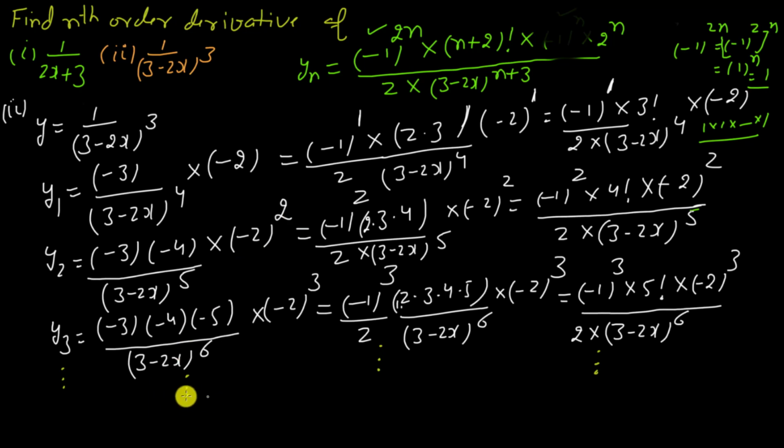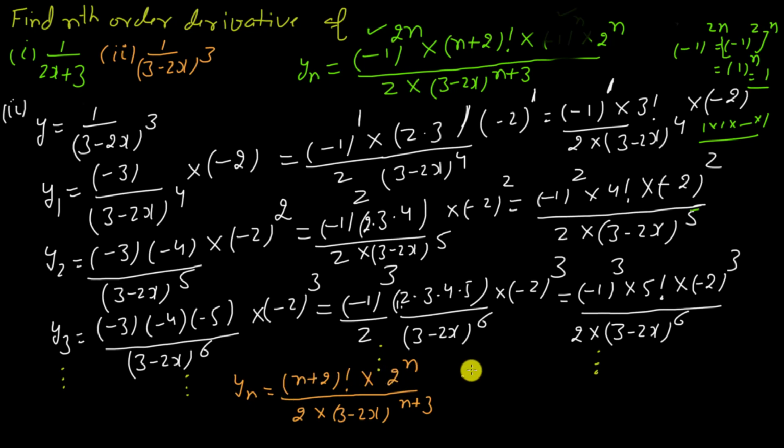So I am going to write the final result over here. What will be the final result? Yn will be (n plus 2) factorial into 2 raised to the power n divided by 2 into (3 minus 2x) raised to the power n plus 3. So one more adjustment if you want to do, you could do, otherwise you could leave your answer over here.